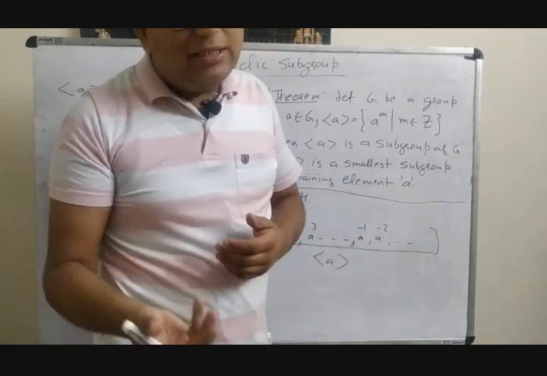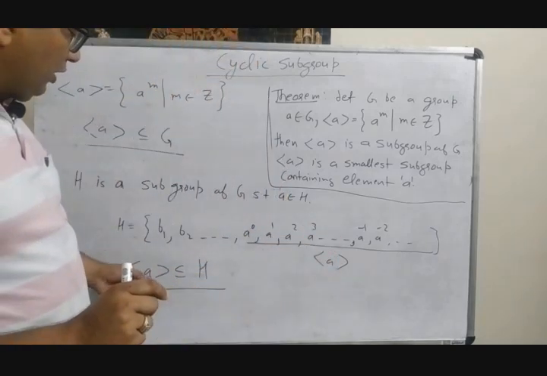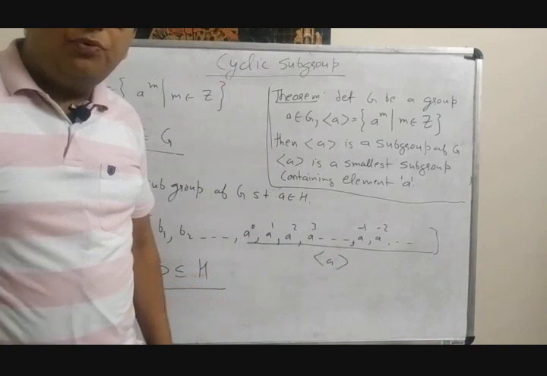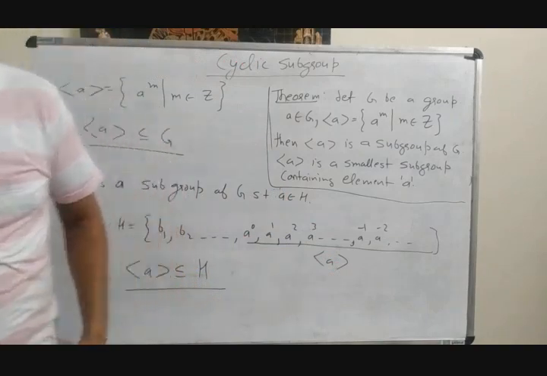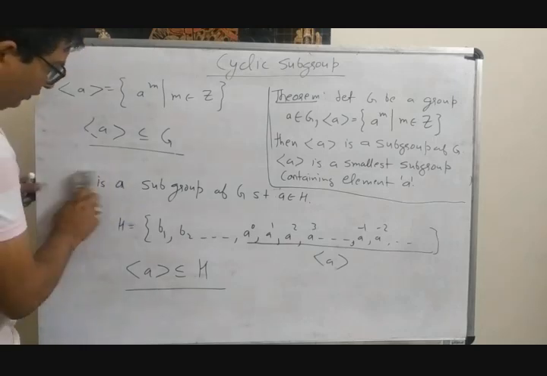If we take any subgroup which contains the element a, we can prove that this particular subgroup is a subset of that subgroup. So now let's come to the definition.